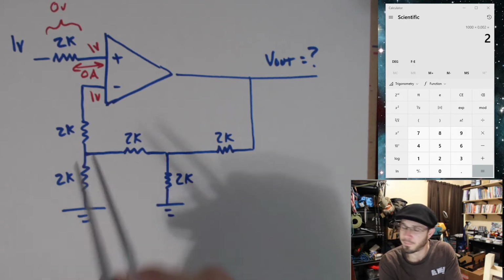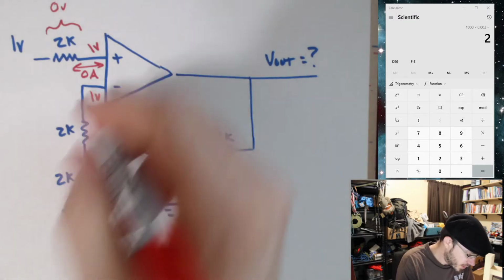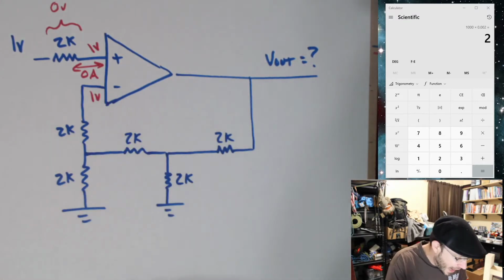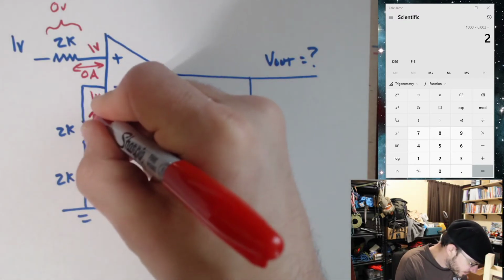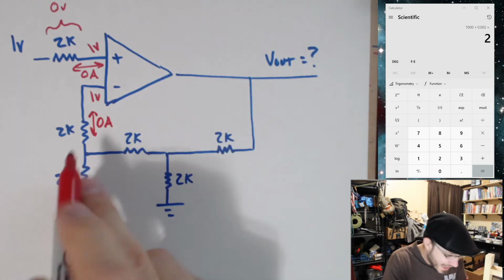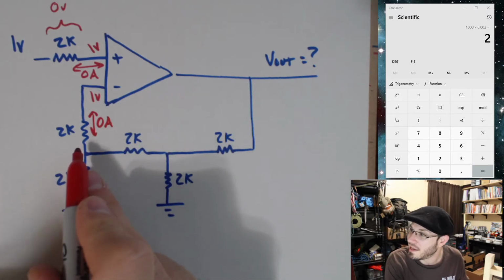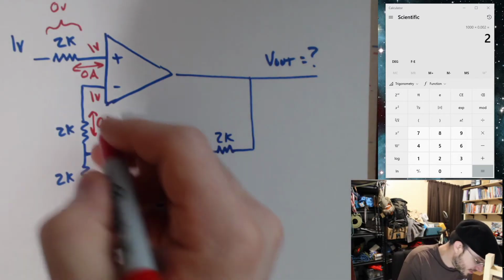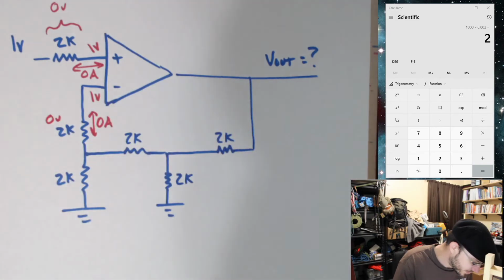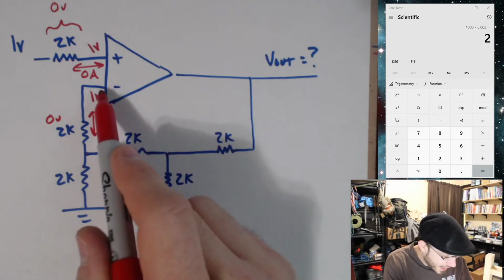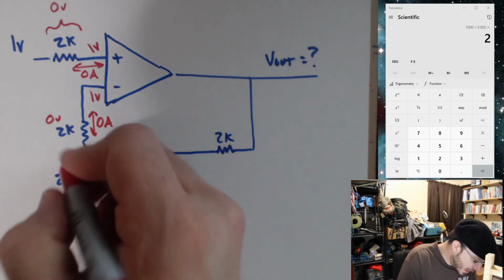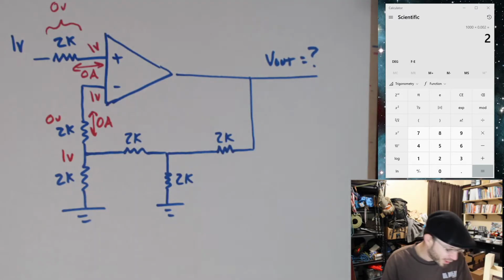Yeah, right? Well, again, no current in or out of this input. Means I got 0 amps going through the 2K. If I have 0 amps going through a resistor, I get 0 voltage drop across it. And if I have 1 volt minus 0 volts, I'm left with 1 volt.